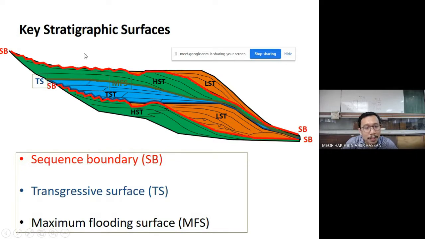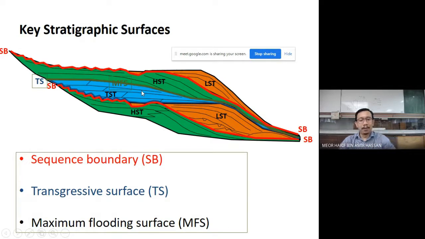So in this model here, you have a single sequence in the middle here. And it is bounded by two sequence boundaries, which are basically unconformities in this case. SB sini, SB sini. And then you have a TST, and it is above the LST, you have the TS, sorry, the transgressive surface, and it is marking the boundary between the LST and the TST.